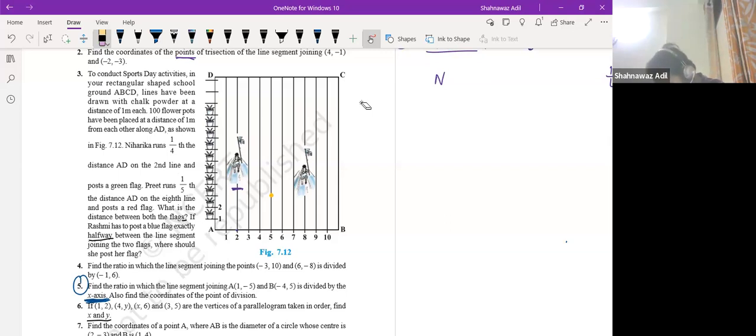So in this question also, we have to find out the coordinates first. Let us try to do that. To conduct sports day activities in a rectangular ground ABCD, lines have been drawn with chalk powder at a distance of 1 meter each. So these are the lines which are drawn 1 meter apart.